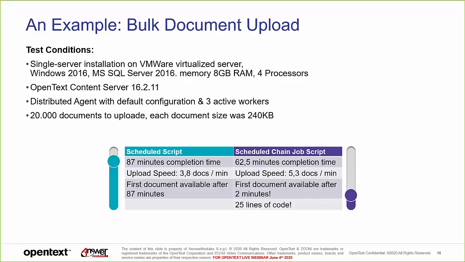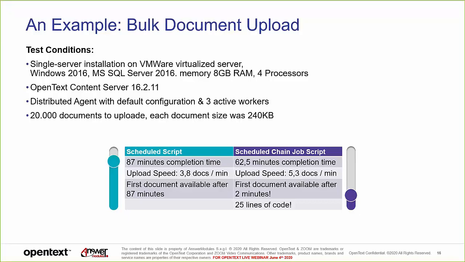The same machine utilizing the new chain job script, the new functionality, we were able to reduce that time significantly. We were able to increase the speed, and we were able to split this bulk upload into small transactions, so the first documents became available after just 2 minutes.